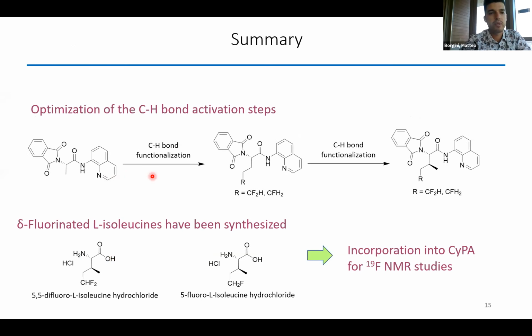So in conclusion, we optimized the CH bond activation steps, starting from this key intermediate. With the CH bond functionalization, we were able to introduce the fluorinated side chain at this position. And with the second CH bond functionalization, we introduced the methyl group in a stereoselective fashion.